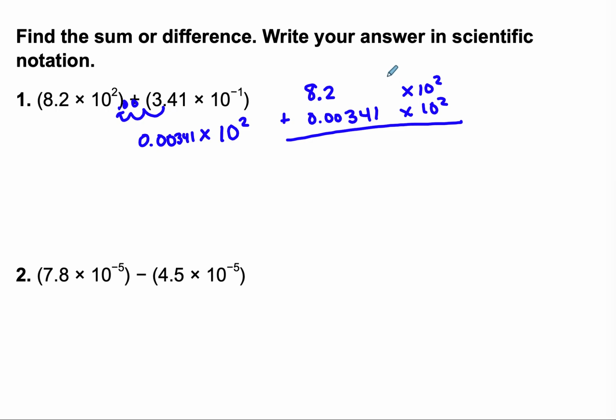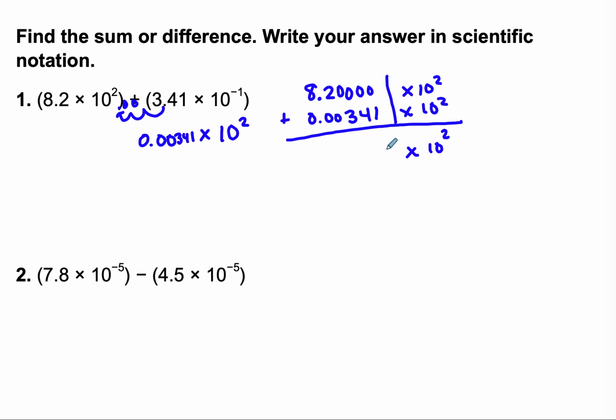All right. My 10 to the seconds are the same, which means this is lined up correctly. My answer is going to be times 10 to the second power. This stays the same. All right, now I need some placeholder zeros here, so I have all of my zeros lined up with my numbers below it.